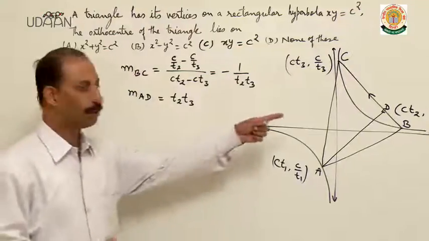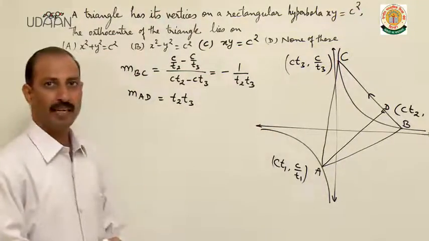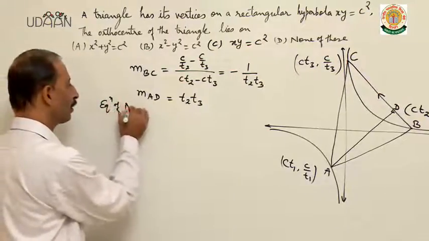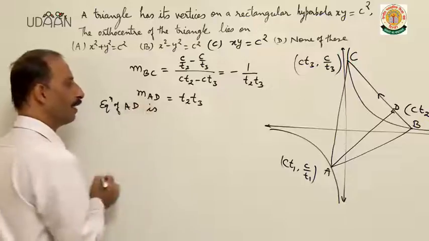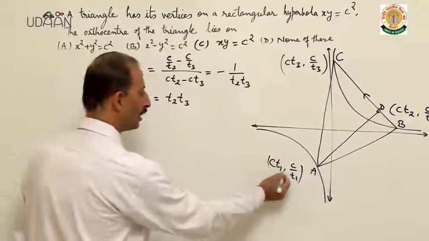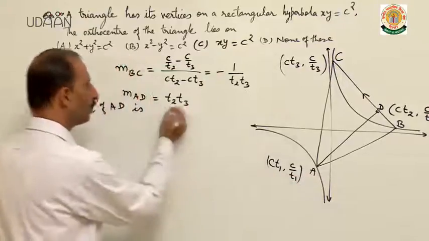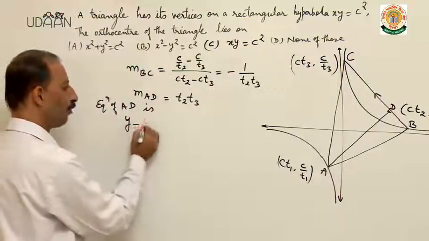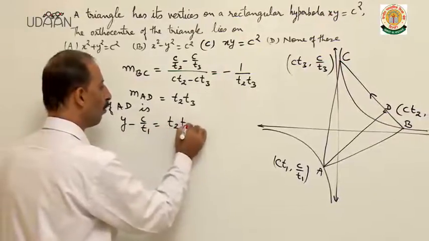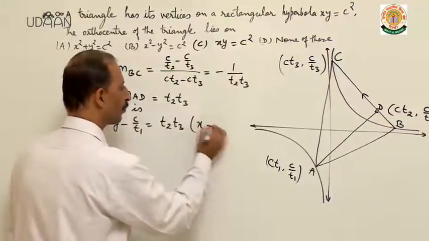Now you have the slope of the altitude AD. So what is the equation of AD? AD passes through the point c t1 and c upon t1, with slope t2 t3. So use the point slope form. So you will get the equation of altitude AD.